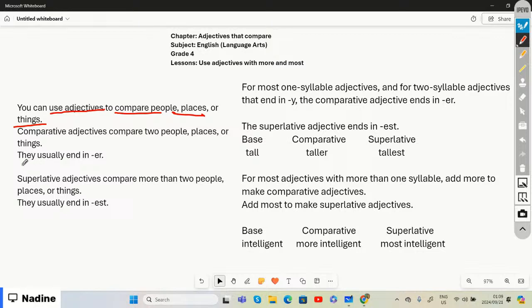And when it comes to comparing adjectives, we have comparative adjectives.